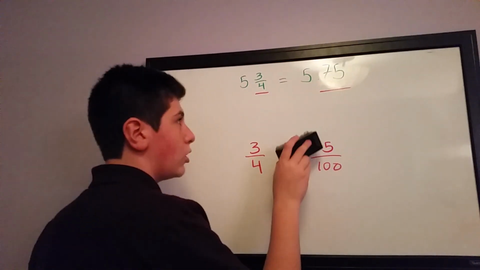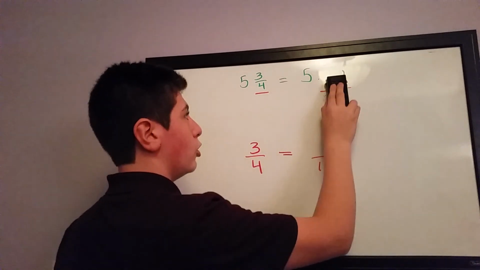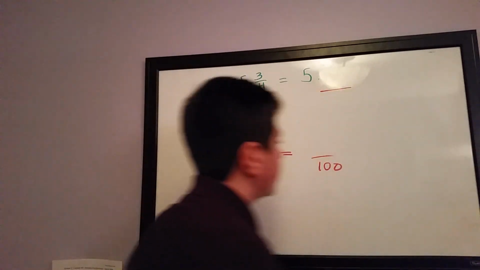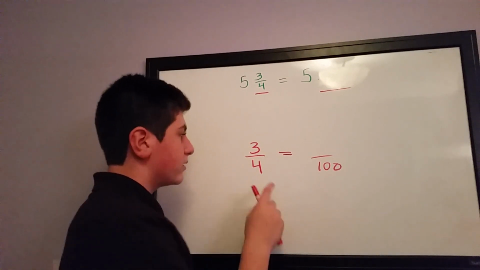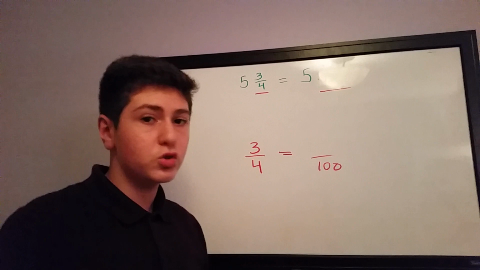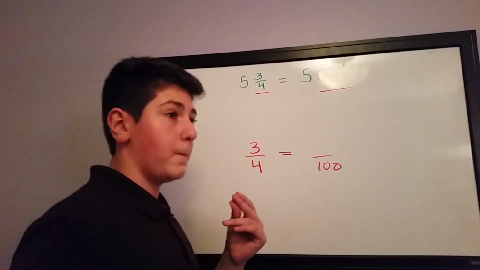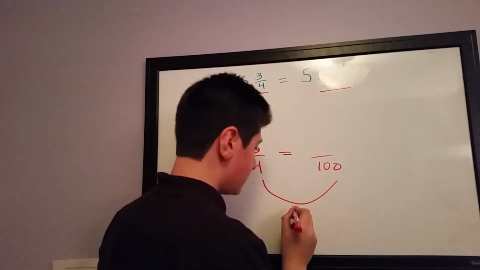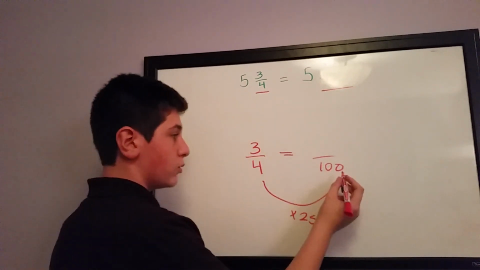We don't even know this 75 over here exists. We don't know the answer yet. The first thing to wonder is, how many times does 4 fit into 100? Now, we can do some quick mental math here. What's 100 divided by 4? 25. So 4 times 25 equals 100.